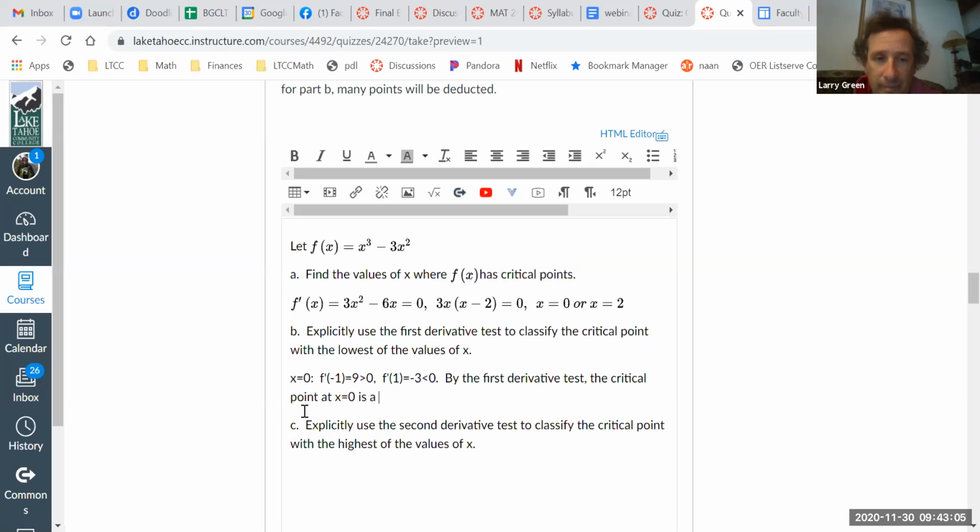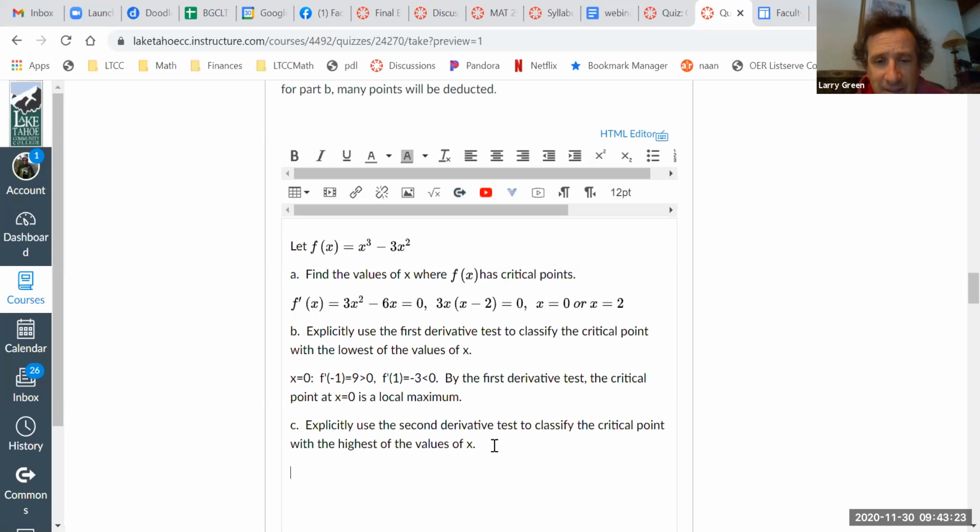Yeah, it's a local maximum. If you go up and you go down, that means you're going to the peak. So it is a local maximum. Any questions on that?